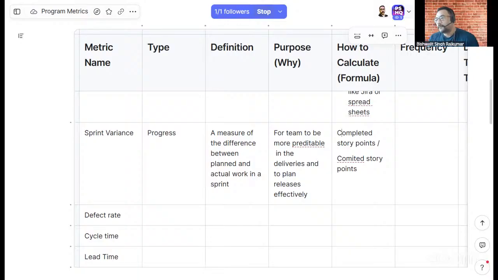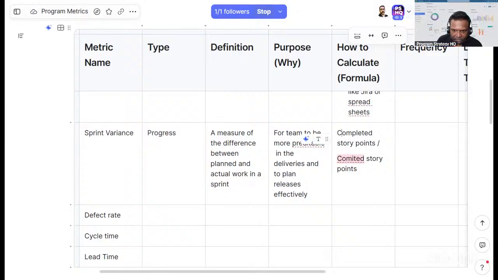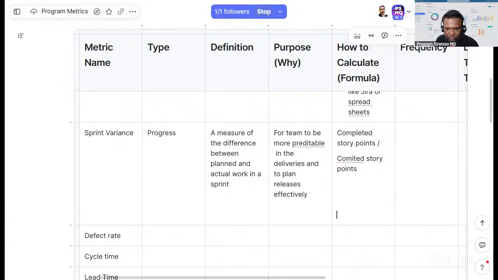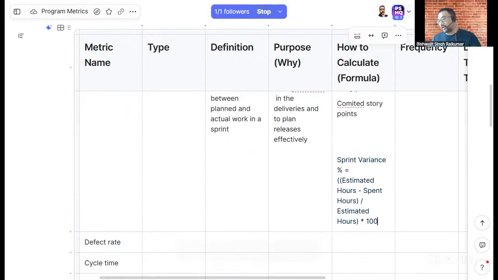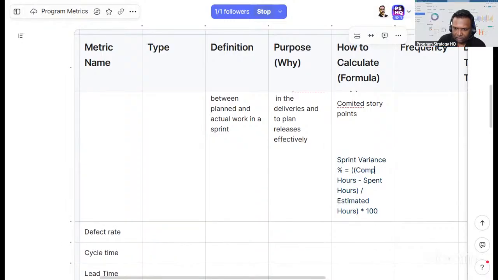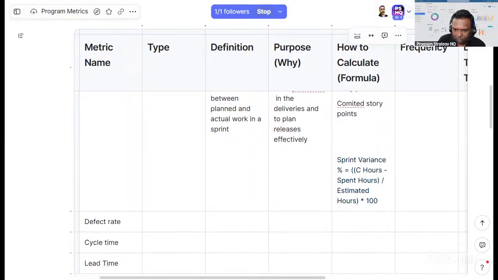So I've just checked one other source where I came across this. Just check this once. Estimated hours, completed. Sprint variance is equal to completed hours.